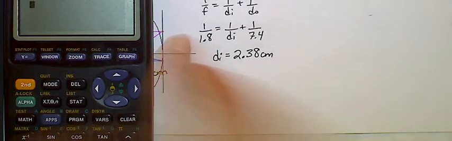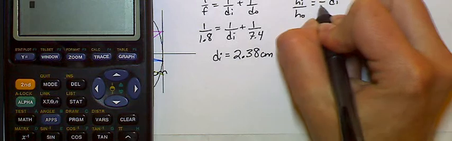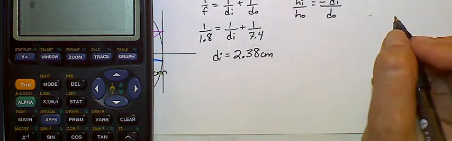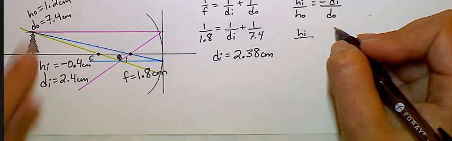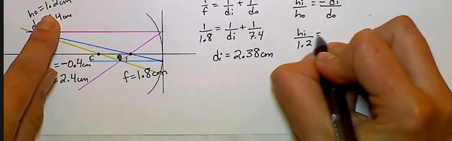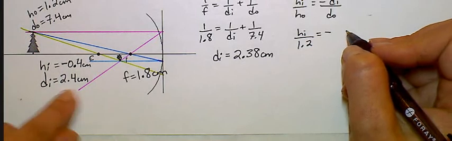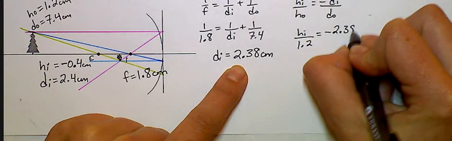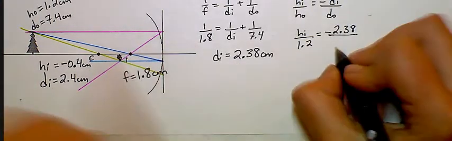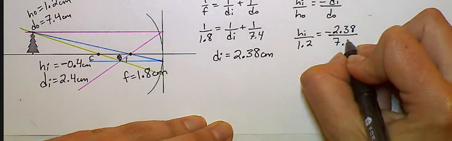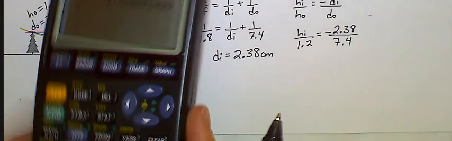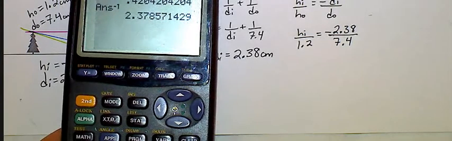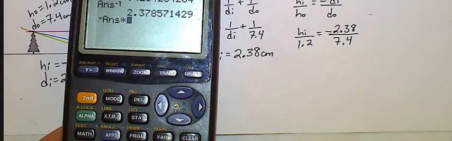Okay, let's find the height. Here's my equation. HI over HO, 1.2, is equal to negative DI over DO, which is 7.4. Cross multiply. Negative answer times 1.2 divided by 7.4.